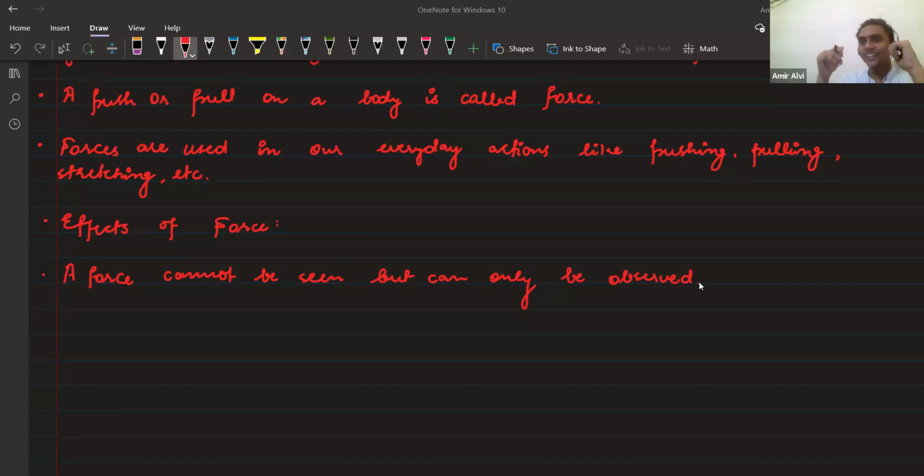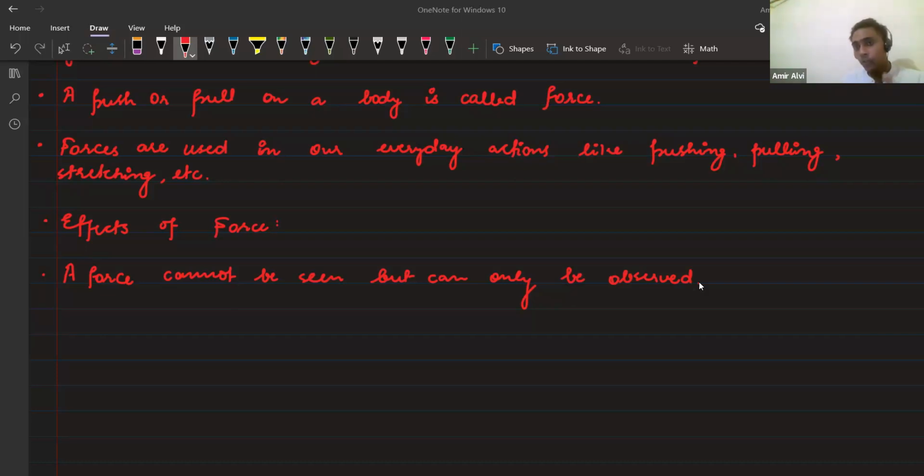So basically what we see is that when the ball is thrown by the bowler, the batsman having a bat strikes the ball with a very great force, right? The ball is going in a straight direction, but as per the force applied by the batsman, the direction of the ball will change. It will go in the direction in which he has hit the ball. Yes or no?